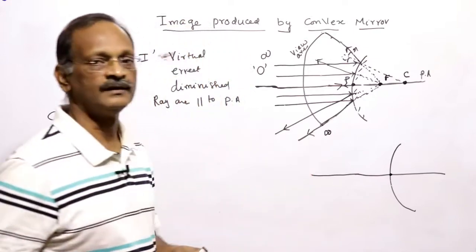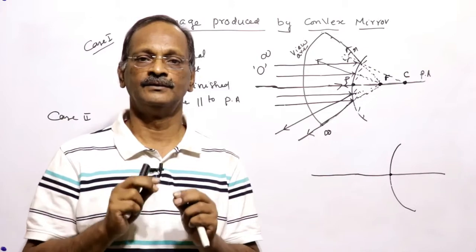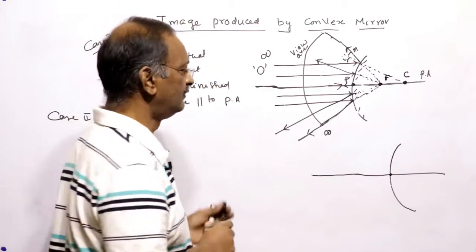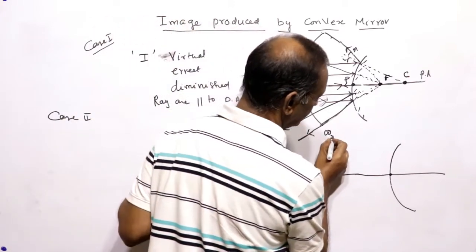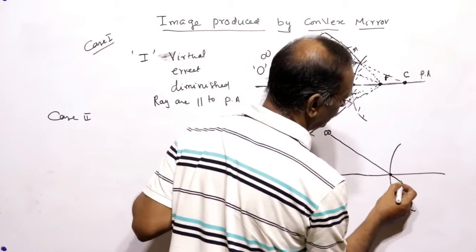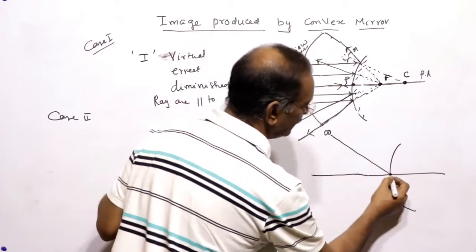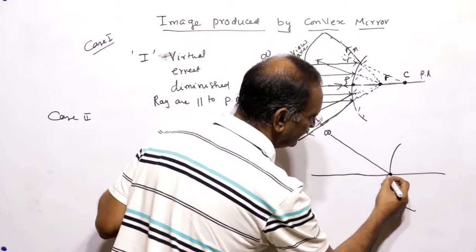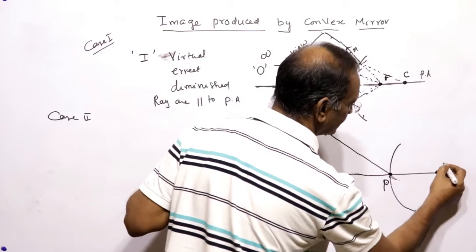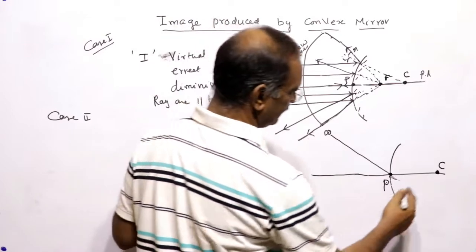As we already discussed, 2 rays are enough to trace the image. So from the object kept at infinity, 1 ray is coming and incident at the pole of the mirror. This will be the center of curvature.